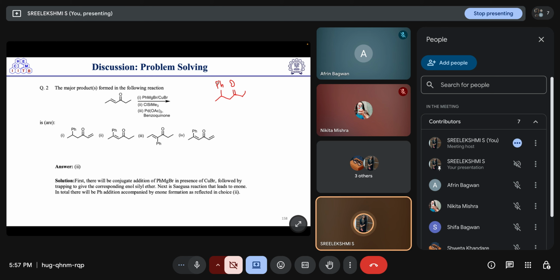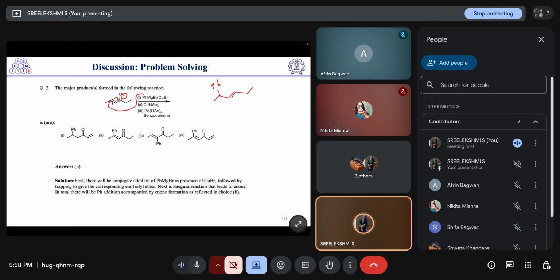Then what is happening? So the intermediate will be like this. So this phenyl group will attack over this position. This double bond will come over here, and this will shift over this one. So it will be here phenyl group, and here it would be a double bond.